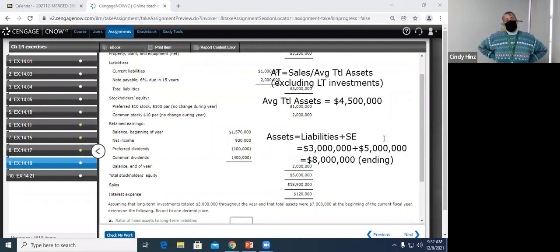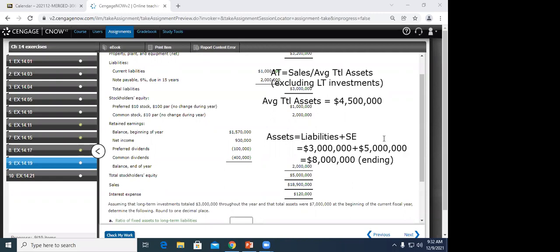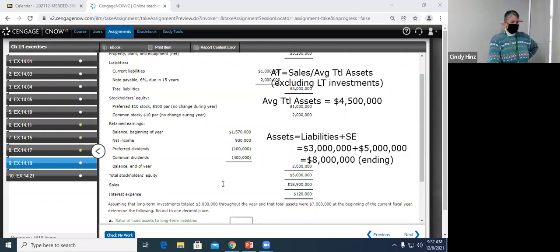Cindy, somehow I got 4.4 for the average, because I got 4 million at the beginning of the year, and then 4.8 at the end. 8 million minus the 3.2. But it was coming up that I got it wrong anyway. Because it tells us here long-term investments were 3 million throughout the year, so I'm not sure why you subtracted 3.2. Oh, it looks like you subtracted the property, plant, equipment. Those are not long-term investments. That's the fixed asset.